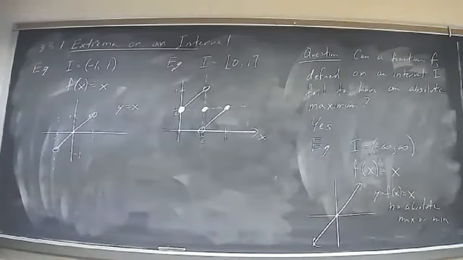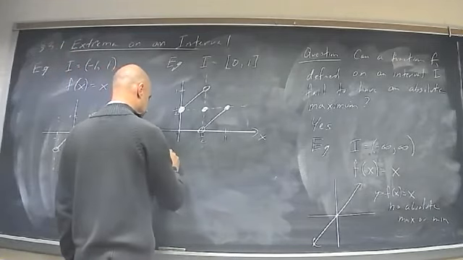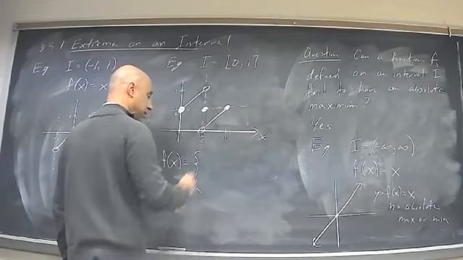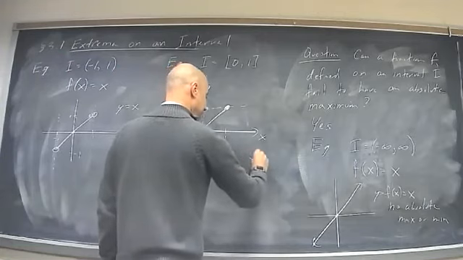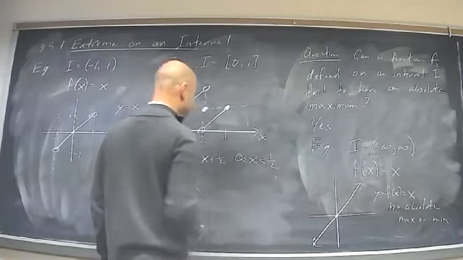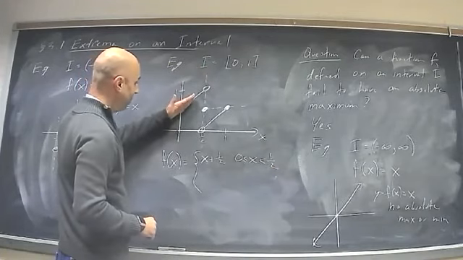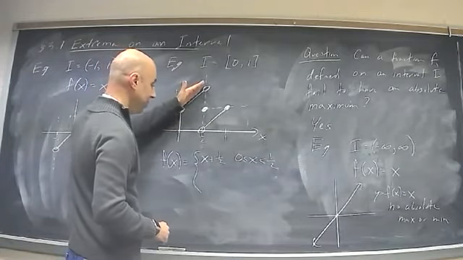If you want an algebraic formula for that function, no problem. f of x equals, say, x plus 1/2 if x is between 0 and 1/2. I just took the straight line, slope 1, shifted up 1/2 unit.